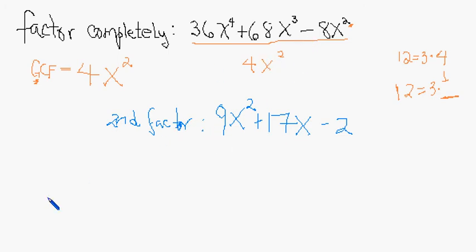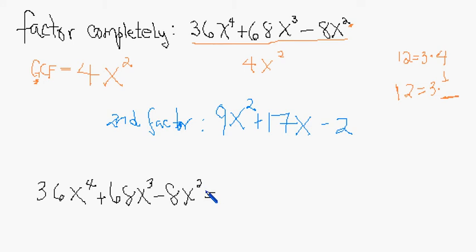So now, the expression that we have originally, which is 36x to the fourth plus 68x to the third minus 8x squared, is equivalent to the GCF, which is the first factor that we found, times the second factor, which is 9x squared plus 17x minus 2.